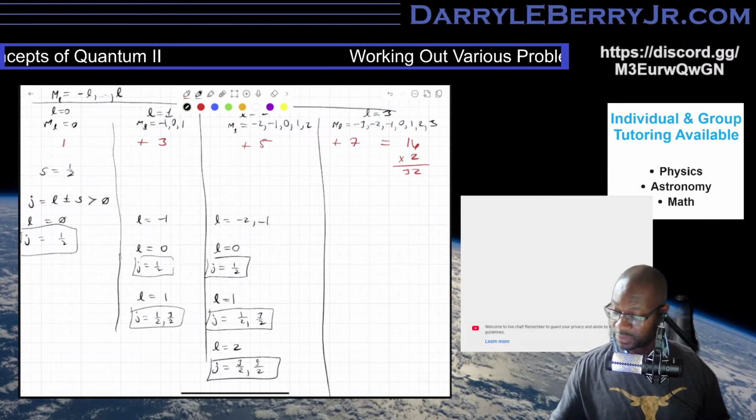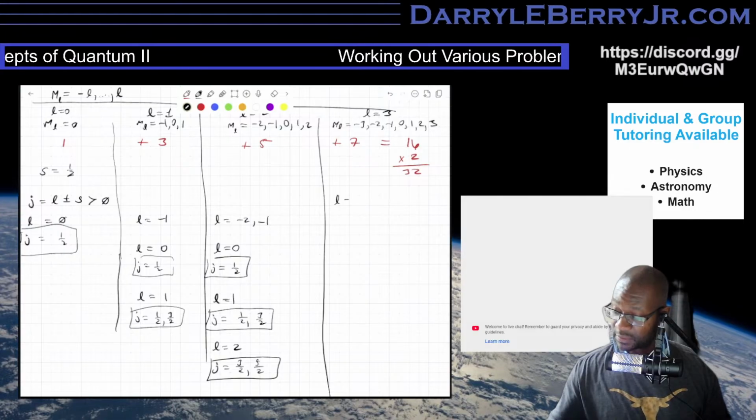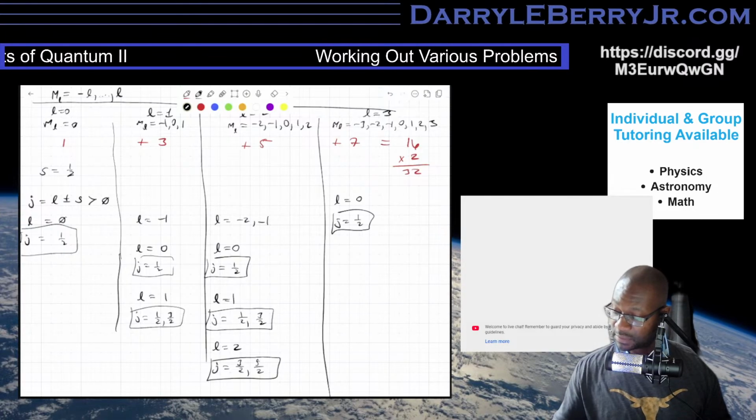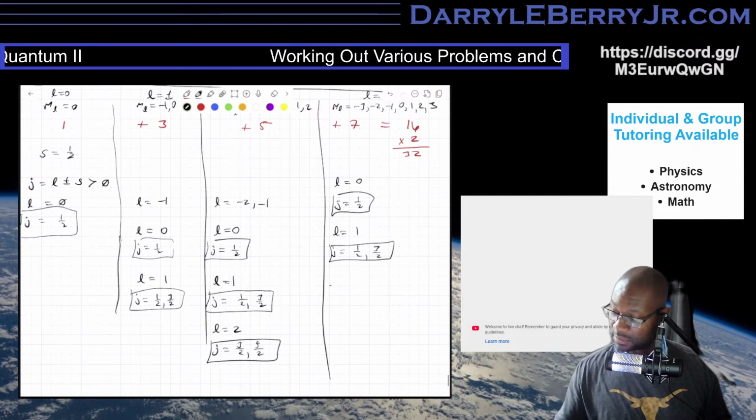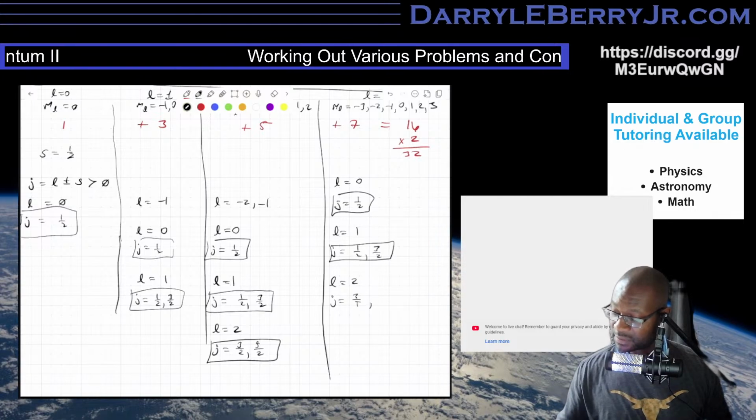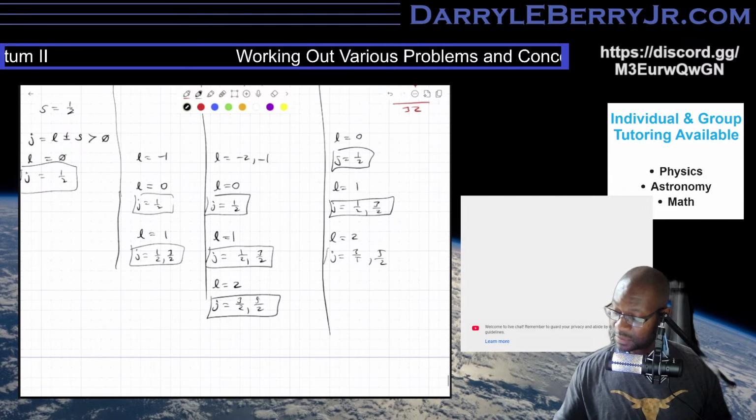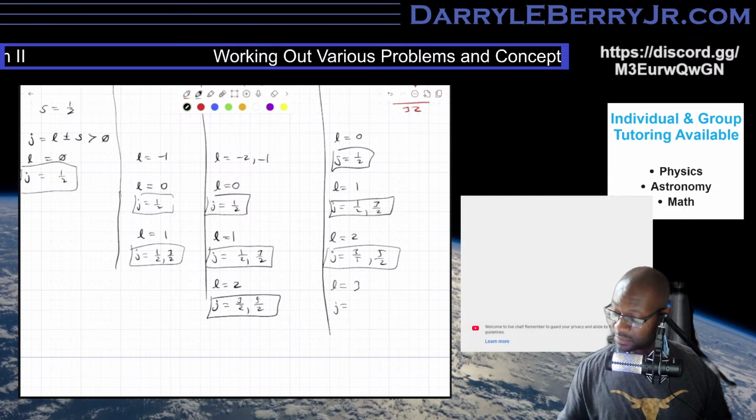So again, the negatives won't do anything. L equals 0, j equals 1/2; L equals 1, j equals 1/2, 3/2; L equals 2, j equals 3/2, 5/2; L equals 3, j equals 5/2, 7/2.